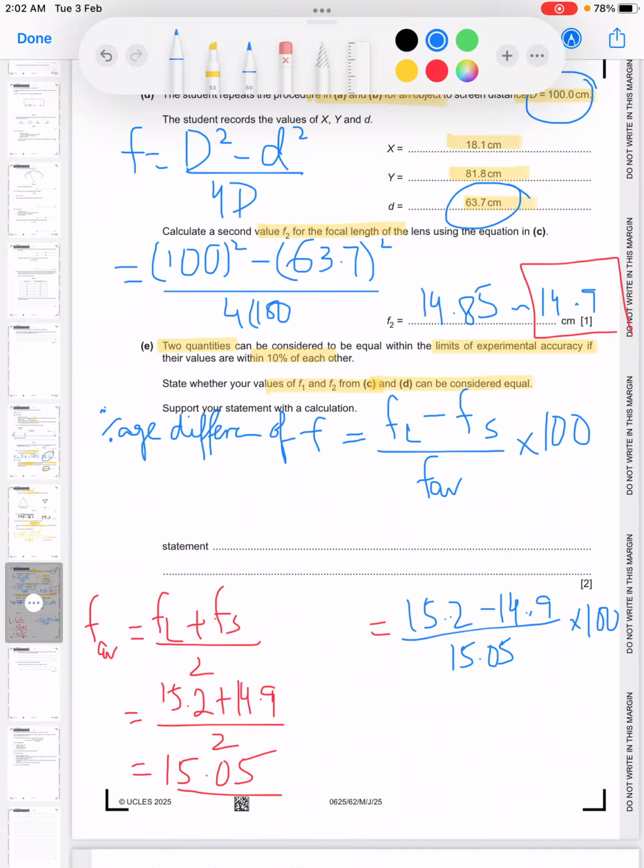So it gives you the answer 1.99%. And this answer is basically less than 10% of the values, right? So it means the values are equal.